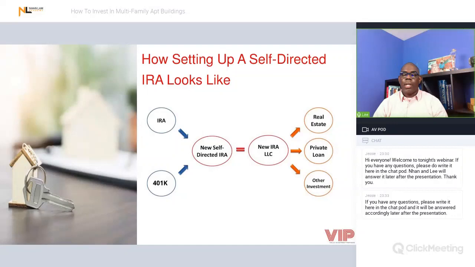So I have an LLC that was created for me. The company sent me a binder. Inside of that binder was my operating agreement. They also had my EIN number, and it was chock full of information that I could use as to what were prohibited transactions. There's also going to be something called UDFI, unrelated debt-financed income, right?